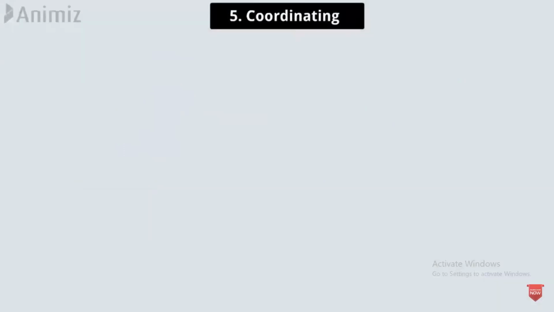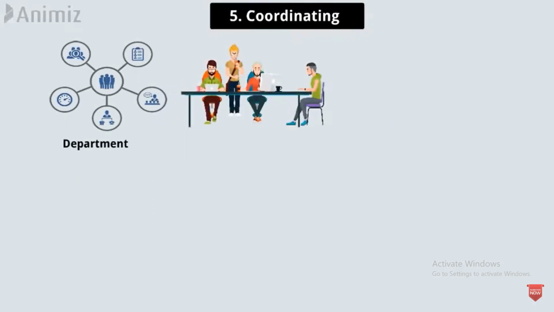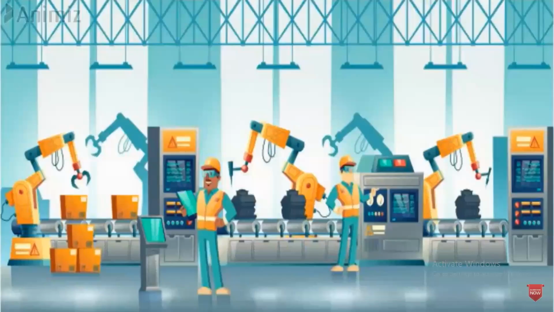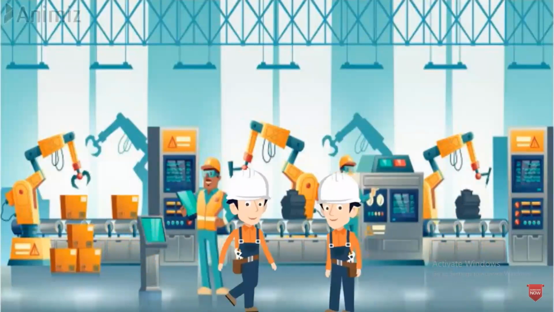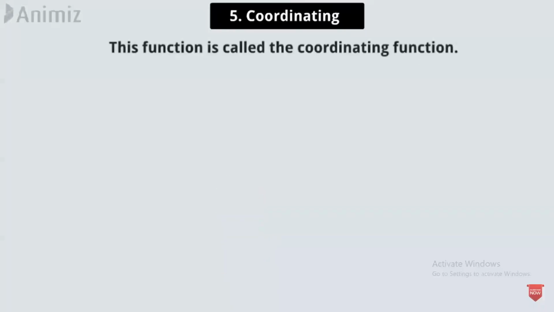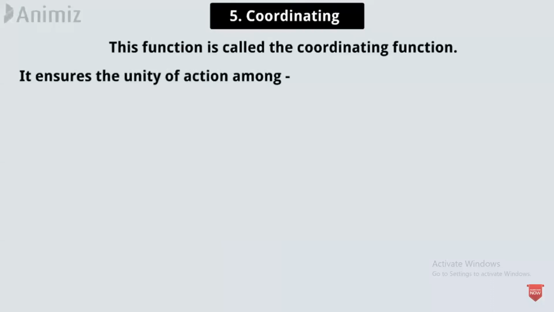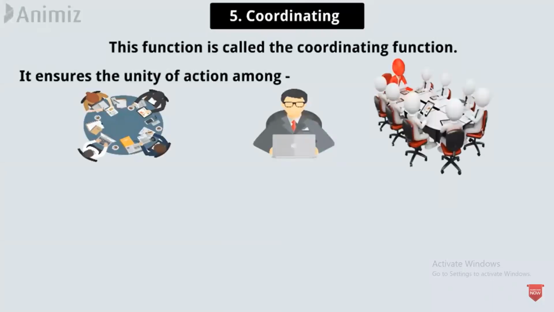5. Coordinating. In every organization, various departments perform different types of activity to reach organizational goals. It is important that the activities of different departments and work groups of the organization are harmonized. This function is called the coordinating function. It ensures the unity of action among work groups, individuals and departments.